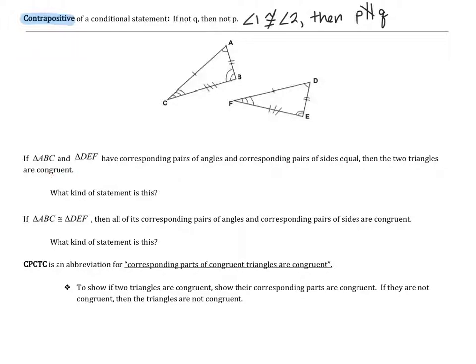So the if is that the sides and the angles are congruent. The then is that the triangles are therefore congruent. So this would be a conditional statement. This is just if P, then Q.